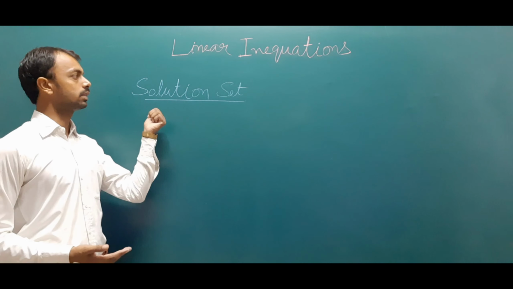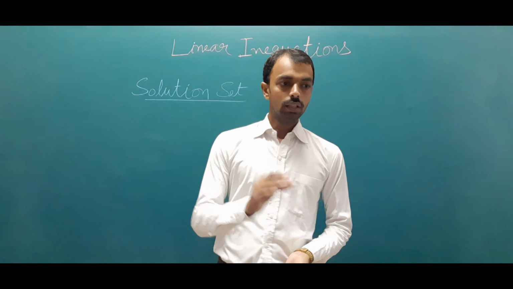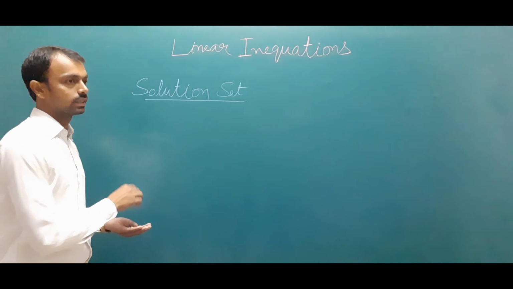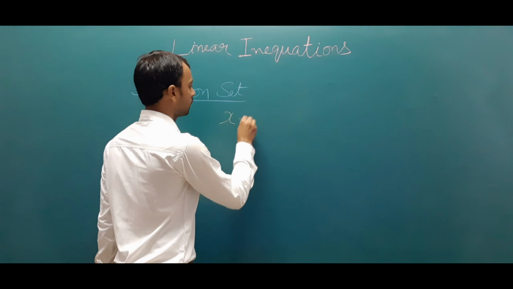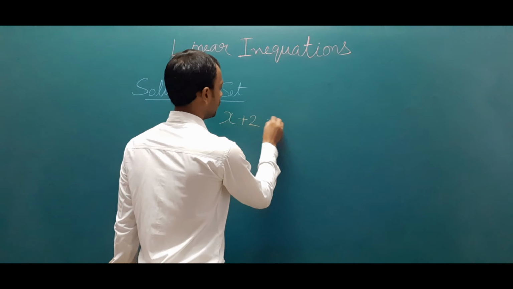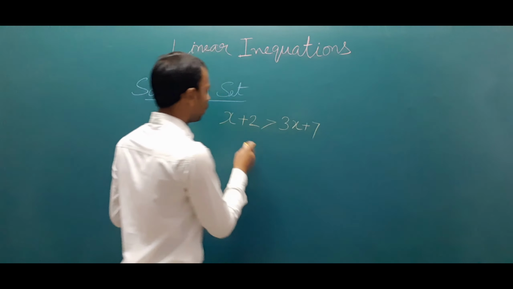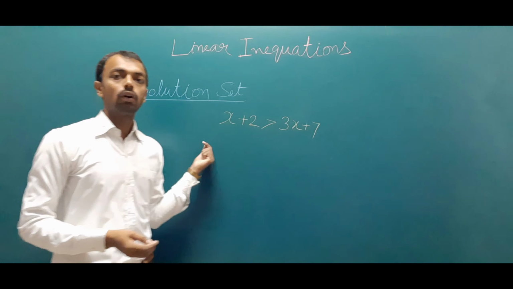Now what is a solution set? Solution set means the set of numbers which satisfy the inequation. Satisfy means, if there is an inequation like x plus 2 is greater than 3x plus 7, all the values of x which satisfy it are called the solution set.